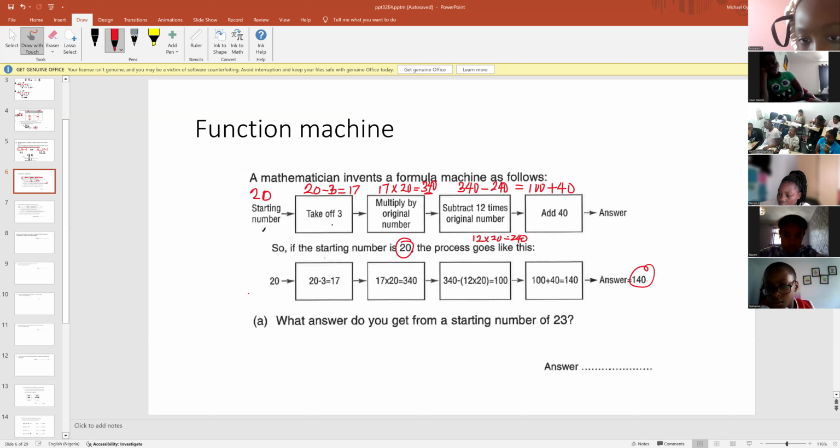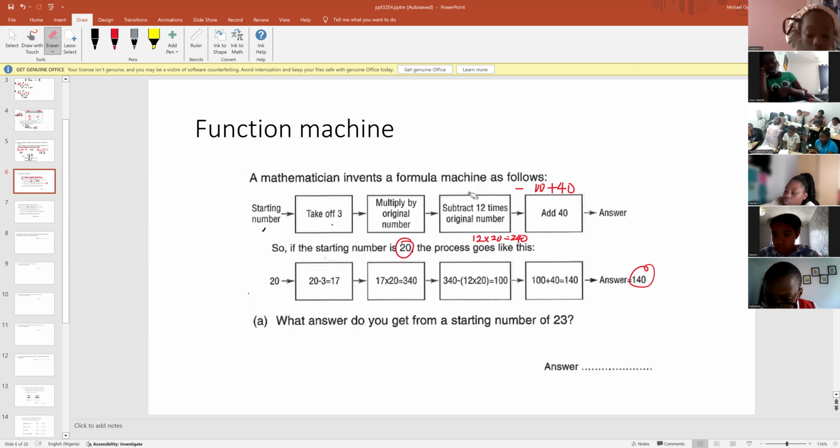Now, this machine is a machine. How many of you understand the working of the example? I don't understand the last one. Subtract 12 times the original number. I don't understand that. How can you subtract the original number? Subtract 12, so like 12 times 20, subtract that.